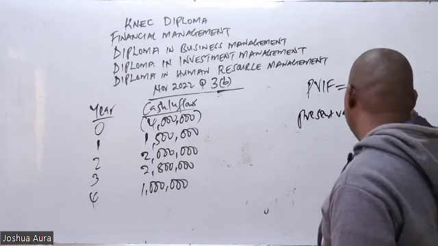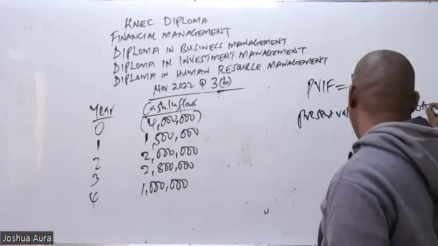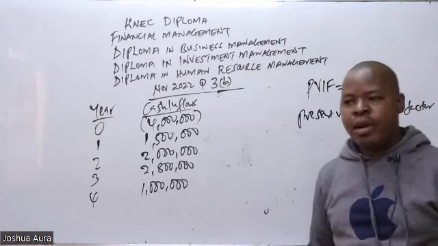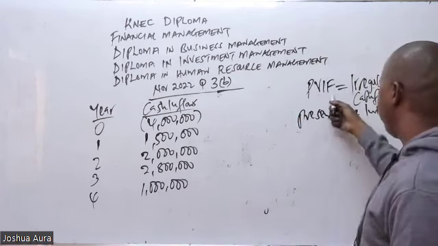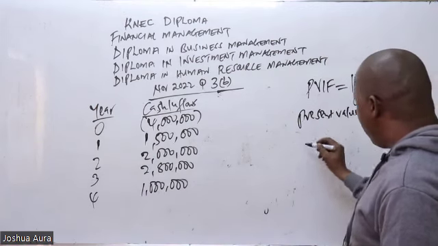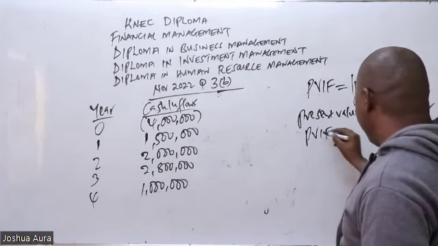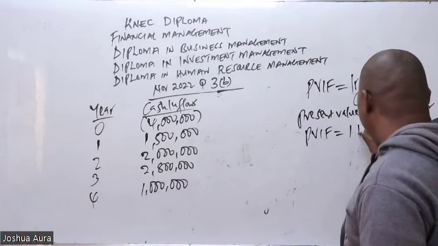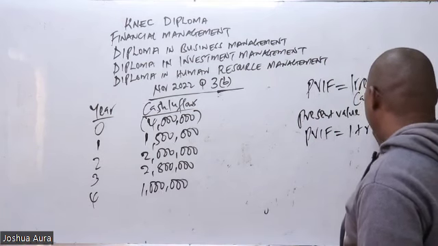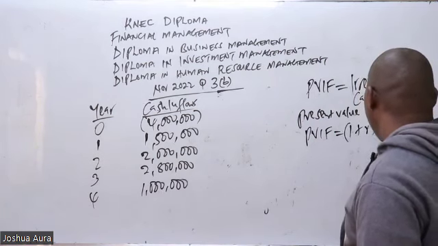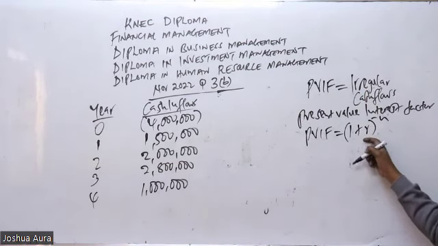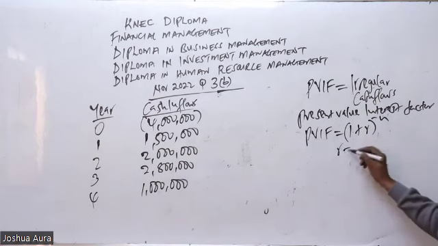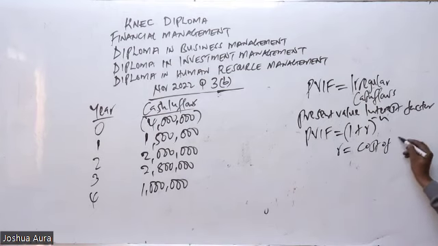And what is the formula of PV? The formula of PV is given by (1 + R) raised to negative n, whereby R is the rate of return, the cost of capital.